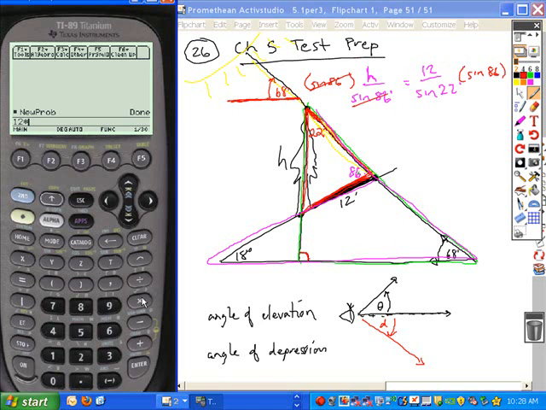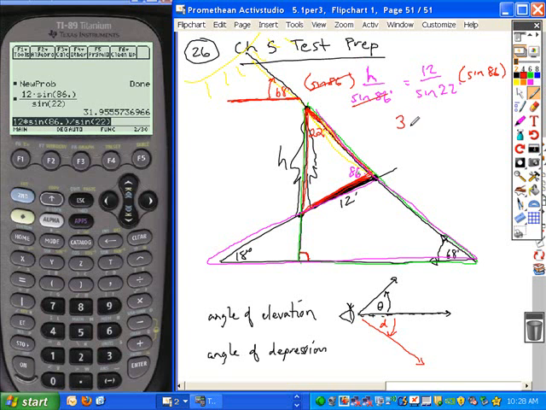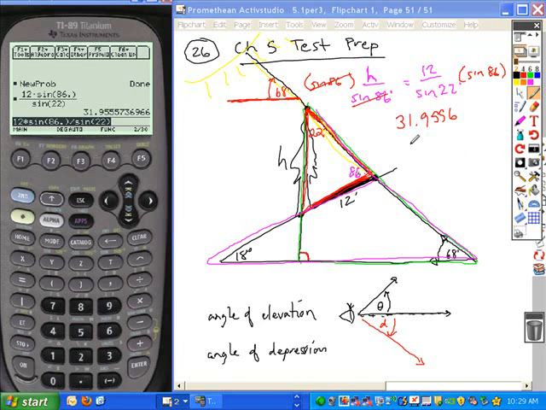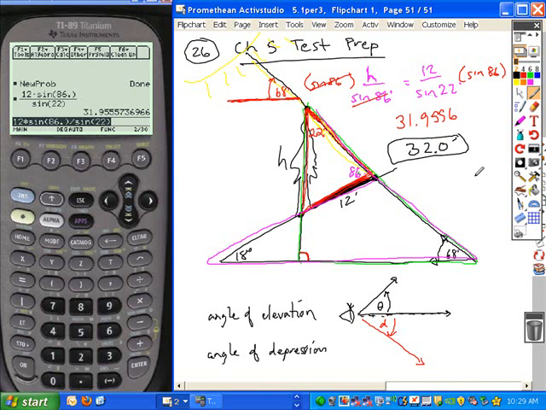Okay, so again, if you took 12 times the sine of 86, all divided by the sine of 22, you'll get your solution, 31.9556 approximately. It doesn't specifically say, but you'll round it. If I asked you to round it to the nearest tenth, what would your answer be? 32.0, and the units are feet.